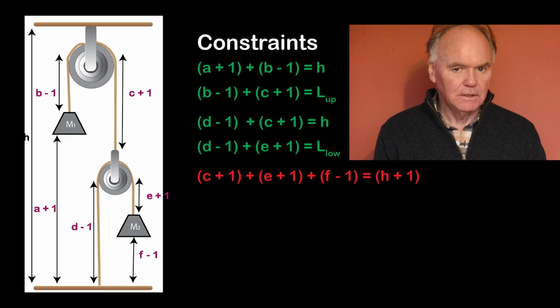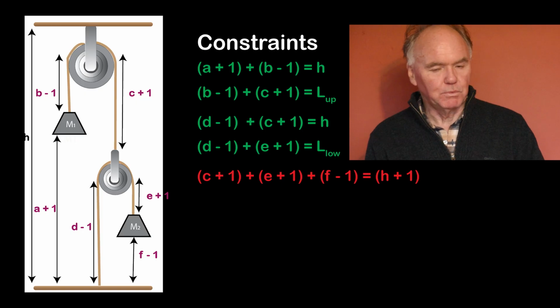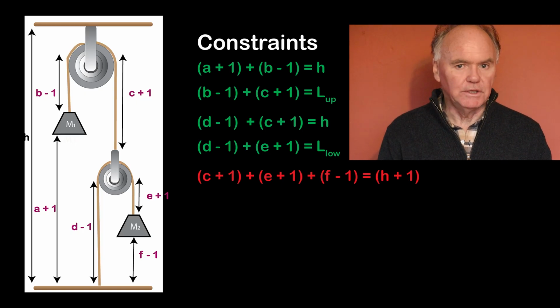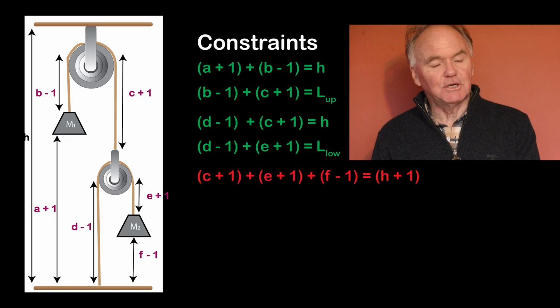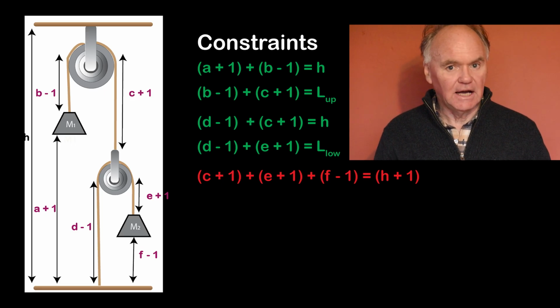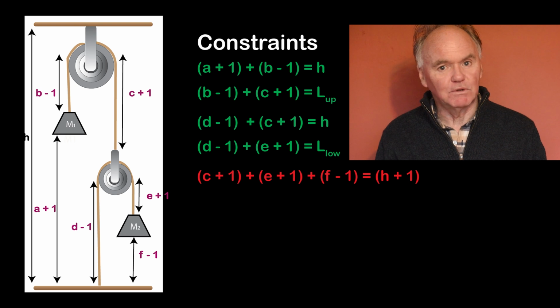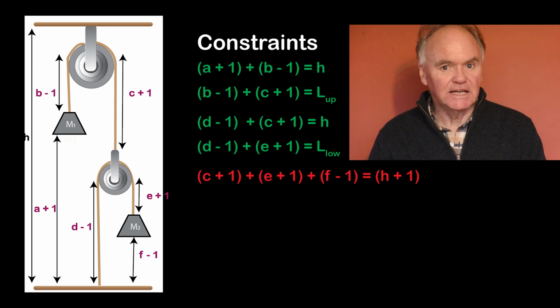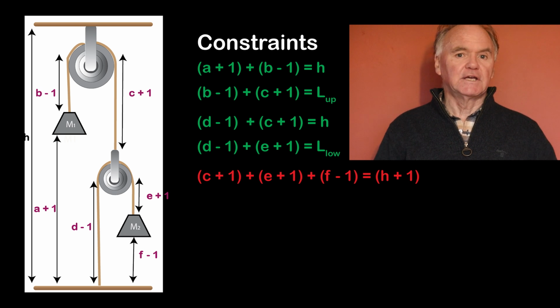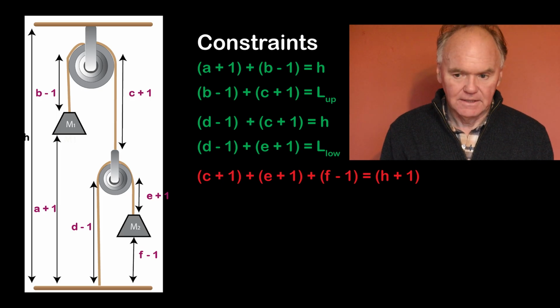But C plus 1 plus E plus 1 plus F minus 1 is equal to H plus 1, which is wrong. You can't have that. It has to be equal to H, otherwise you're getting another unit of height.